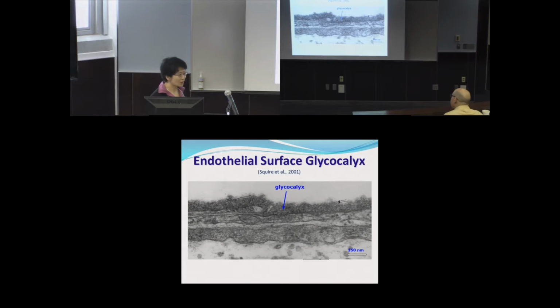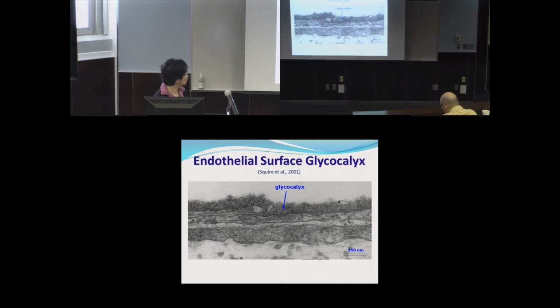The endothelium cell, which forms every one of our vascular walls, is covered by a layer. You can think about a brush-like layer or fluffy layer, just from the appearance.